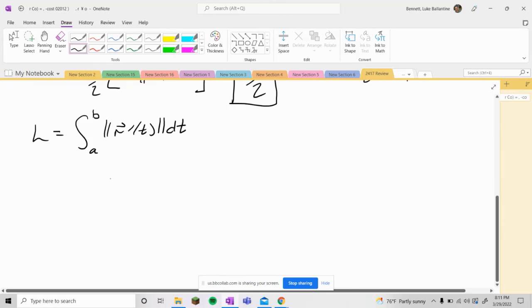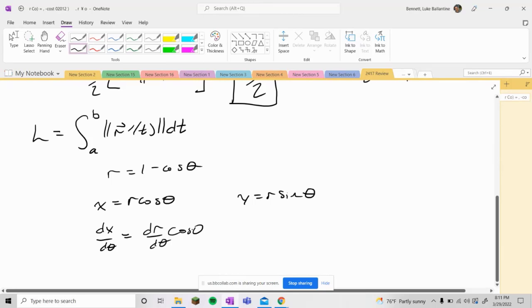So we have our curve parameterized by x equals r cosine theta, y equals r sine theta. So dx d theta is dr d theta cosine theta minus r sine theta. dy d theta is dr d theta sine theta plus r cosine theta.